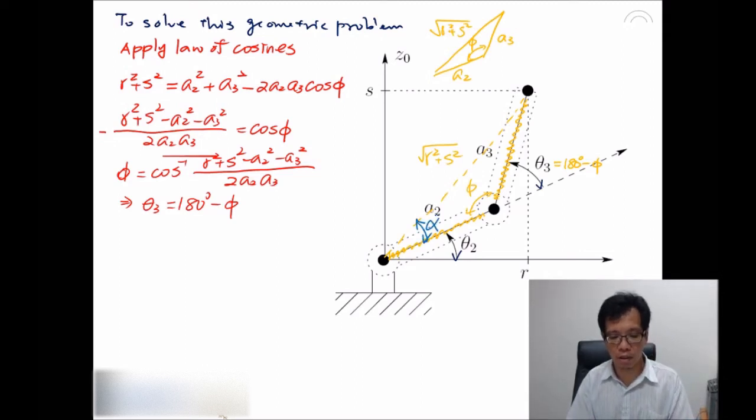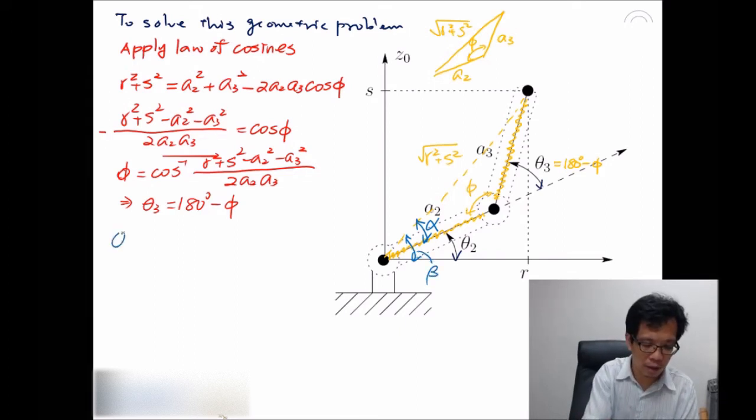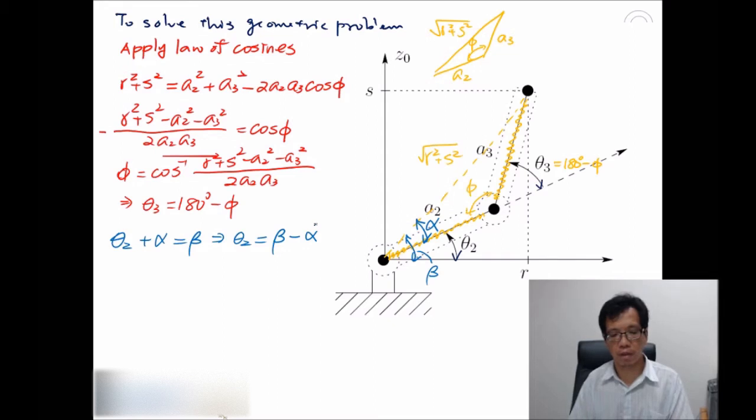Let's assume this one is alpha, and the overall angle between this side and this one is beta. Clearly, theta 2 plus alpha equals beta. Theta 2 equals beta minus alpha. That will be something you are looking for.